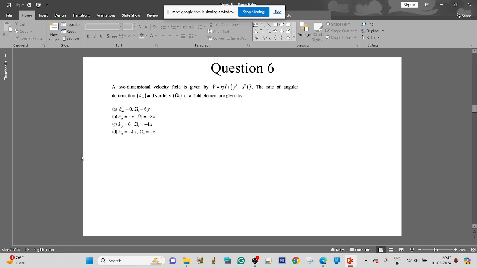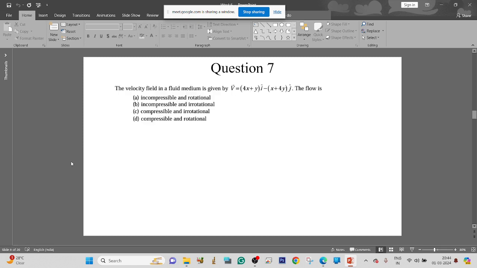What is the rate of angular deformation? Rate of angular deformation means del v del x plus del u del y, right? We've already learned about it. Minus 6. And what is the vorticity then? It means del v del x minus del u del y, correct? So what will be the answer? Minus 3x. Correct. So that is option B.